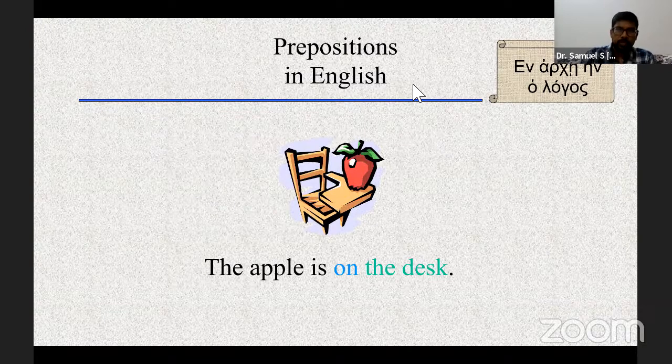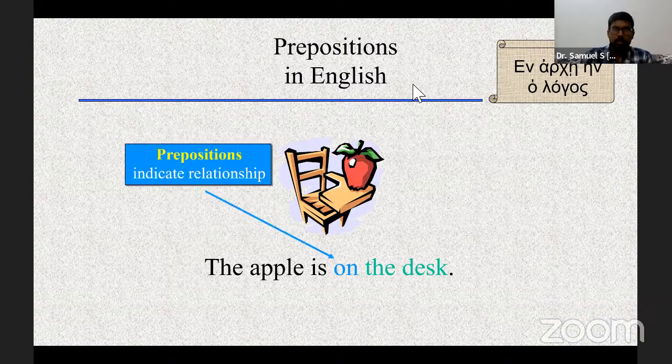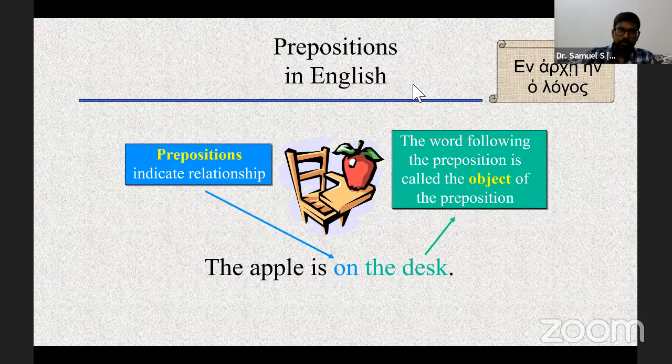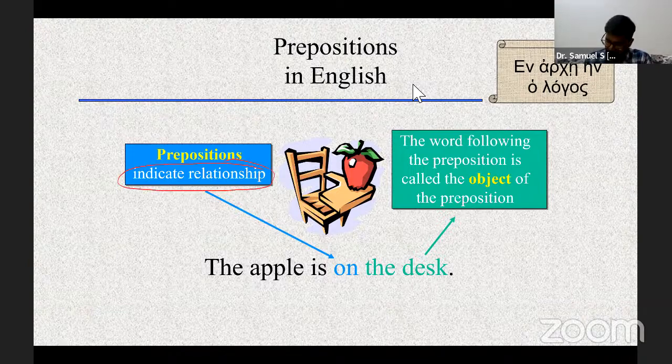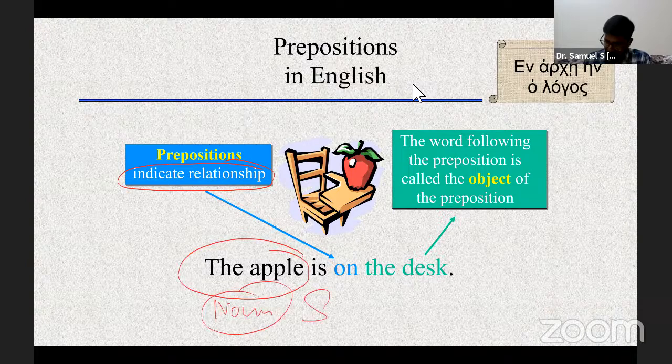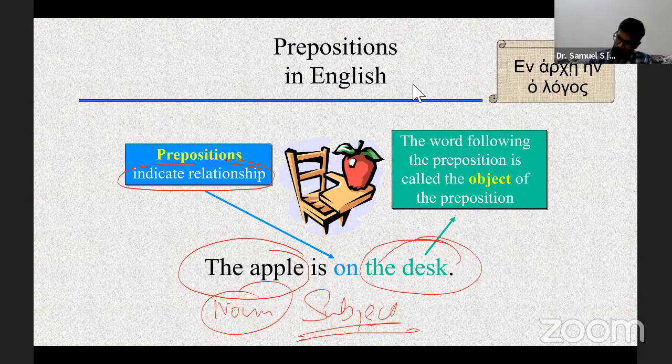Prepositions in English. What is a preposition? A preposition is a word that indicates the relationship between the noun, the subject, and the object, right?